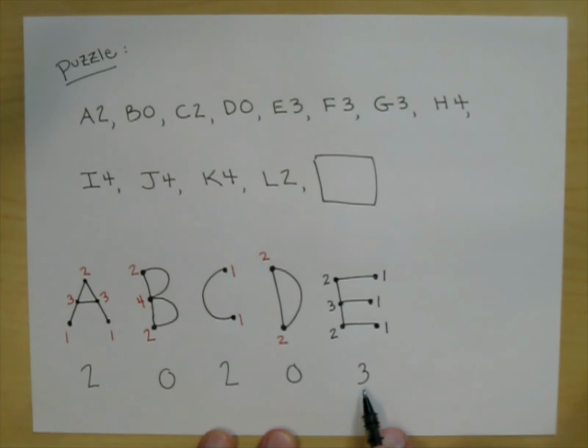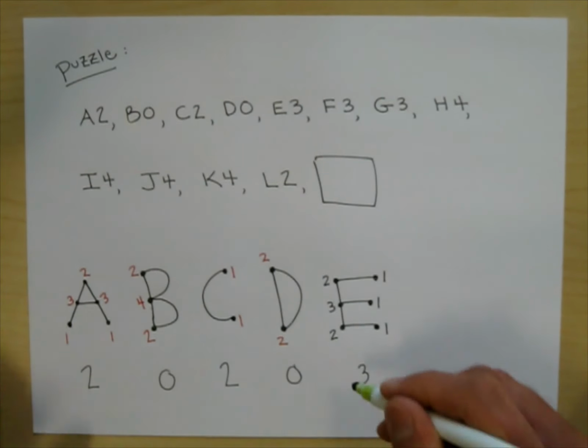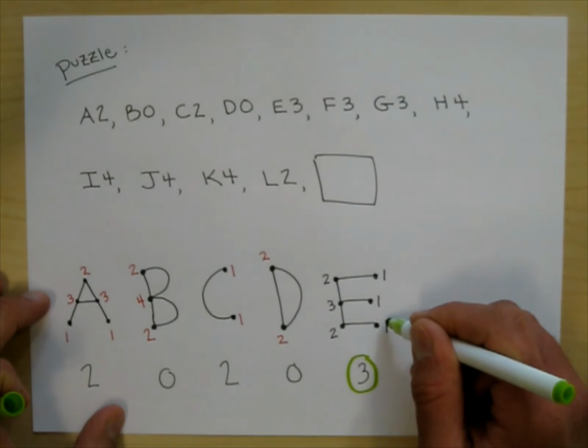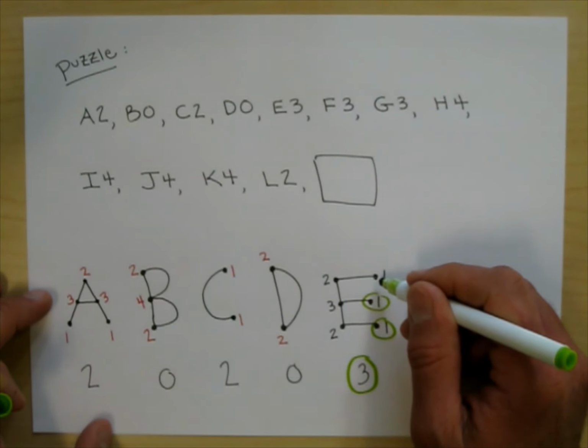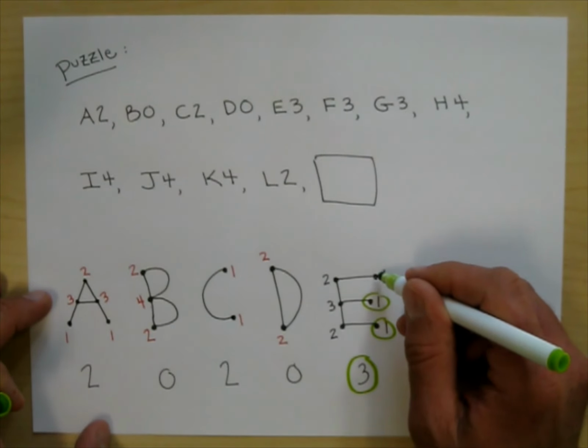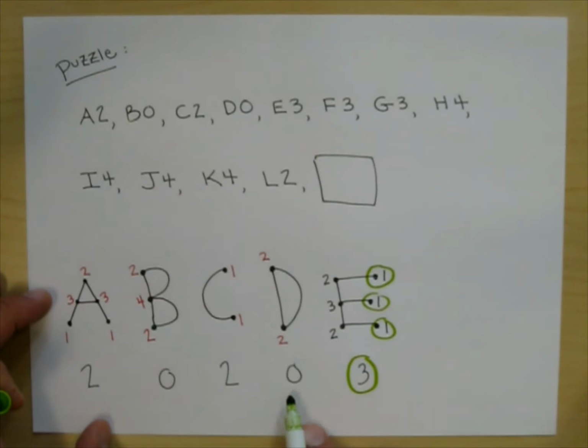So what do you notice about 3 here? Well, you might have picked up on this. That this 3 describes the number of unattached endpoints, the ones that have the number 1. So here, none of them had the number 1.